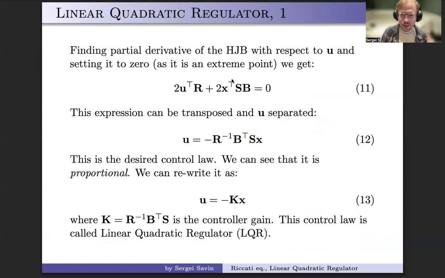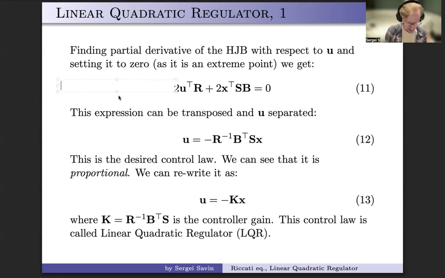Okay. So here is the answer. That is the partial derivative. Obviously, those two would go away, right? And we can express u out of this equation. The first step is to transpose the equation. That would be a better way to go around it, I guess. So we first transpose this equation.